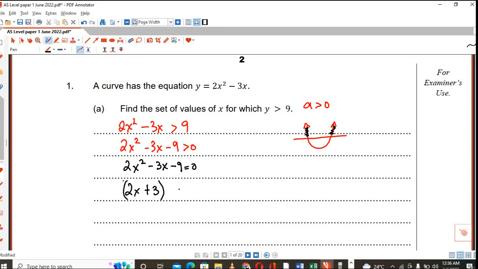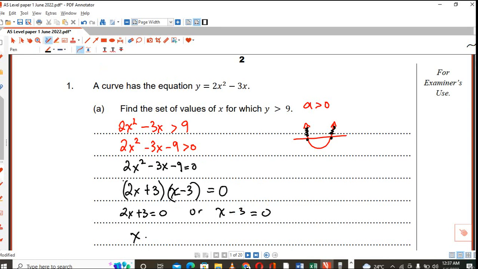Factorizing this, you're going to have x minus 3, 2x plus 3 equals 0. I'm doing this as an equation in order for me to find these particular values. Also take note, it's not greater than or equal to, so it will not be included. So 2x plus 3 is equal to 0, or x minus 3 is equal to 0.